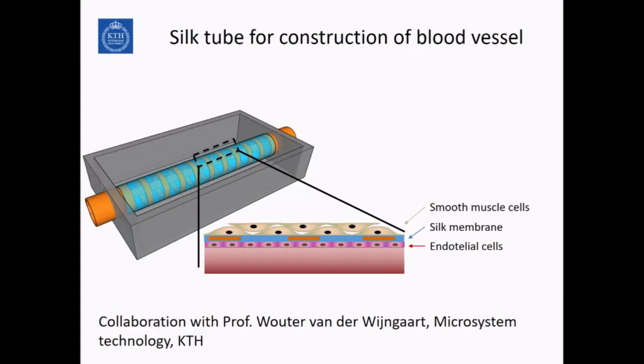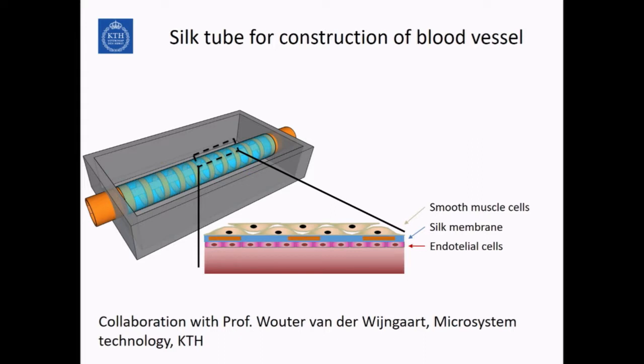Blood vessels are quite complicated to imitate. The base of a blood vessel is a thin, permeable membrane with two different cell types on each side. And together with a group at the Microsystem Technology here at KTH, we are trying to go for this.